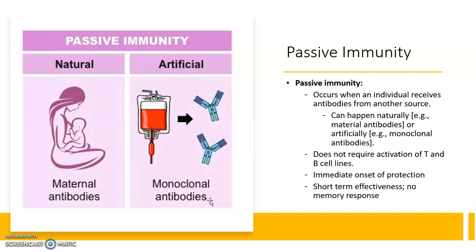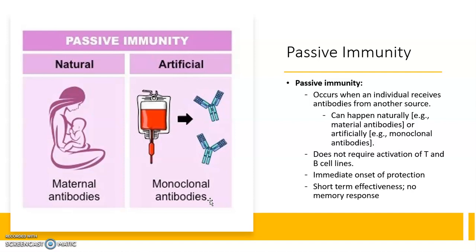And again, this can also happen naturally or artificially. So we have something called naturally acquired passive immunity. In naturally acquired passive immunity, antibodies are going to be given to a child from their mother, either through the placenta or through breast milk.